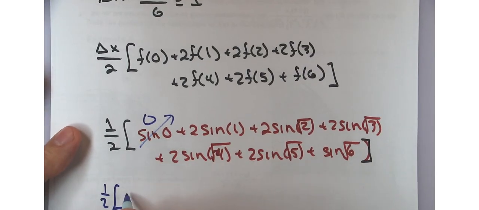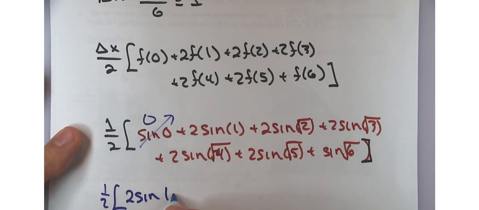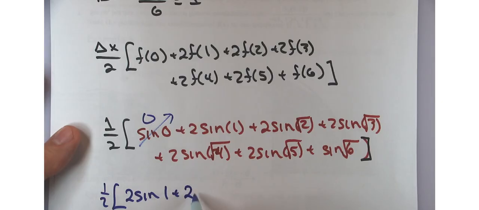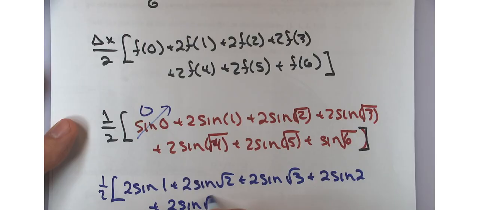We'll end up with 2 times the sine of square root of 1, which is just 1, 2 times the sine of square root of 2, plus 2 times sine of the square root of 3, plus 2 times sine of 2, 2 times sine of the square root of 5, and sine of the square root of 6.